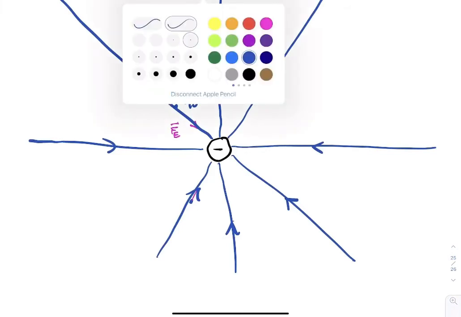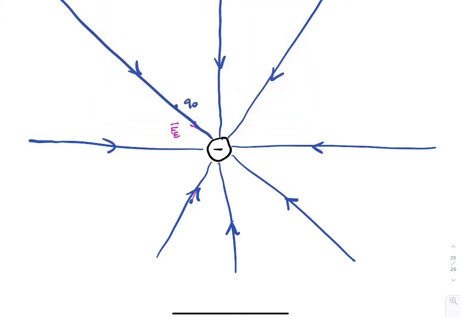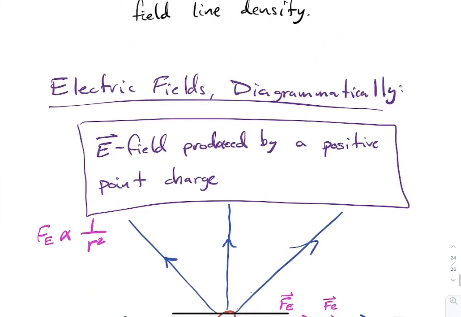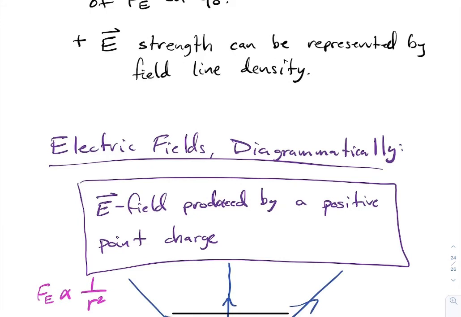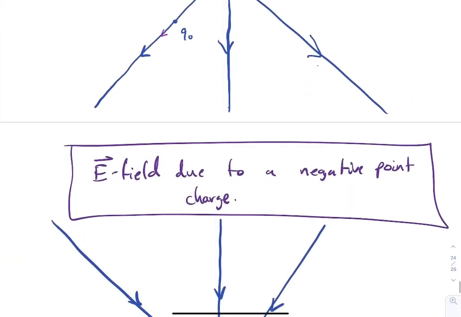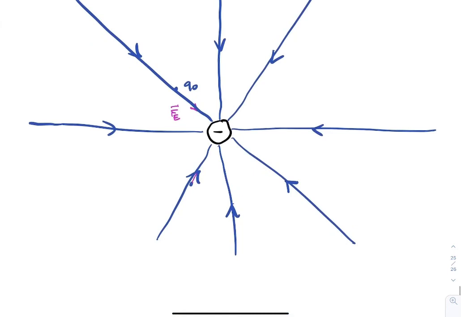Something I wanted to bring us back to briefly was the idea of field line density. I made this quick note right at the end that electric field strength can be represented by field line density. The way I think of that is the number of field lines in some unit area. So what I can do is create a box of some kind.